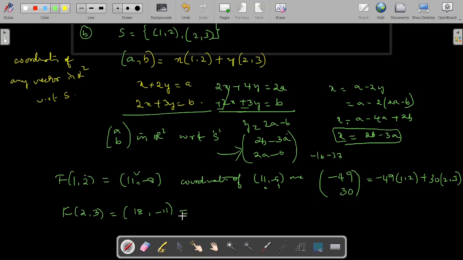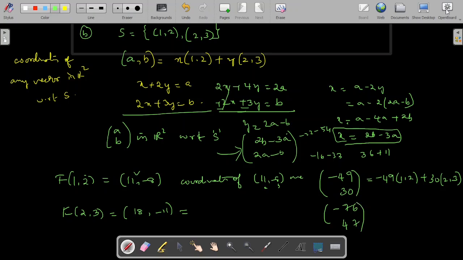Similarly, get the coordinates of the other vector. Use this formula 2b minus 3a, that gives you minus 22 minus 54, that gives you minus 76. Similarly, next 2a minus b, 36 plus 11, that gives you 47.